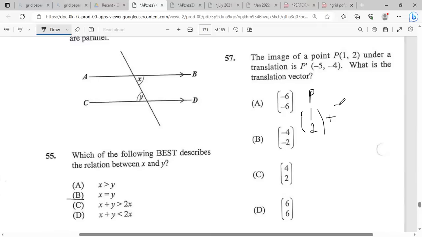We don't know what the translation is, but we know it gives you this, which is (-5, -4). So if we want to solve for the translation, we'd have to subtract, so it would be -5 minus 1 and -4 minus 2. Both of them give you negative. I wrote that on the video already.